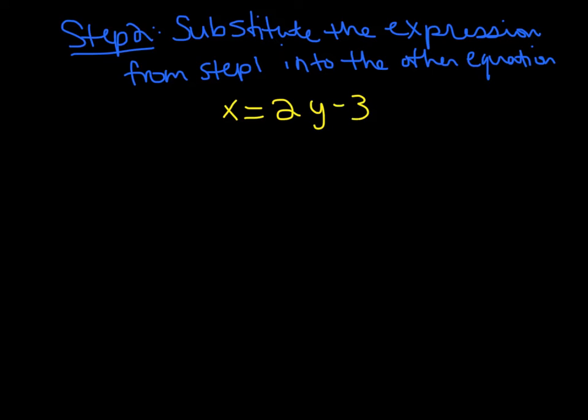What I mean by the expression from step 1 is, we had this right here: x equals this stuff. So I'm going to take that 2y minus 3, and I know that that's equal to x.